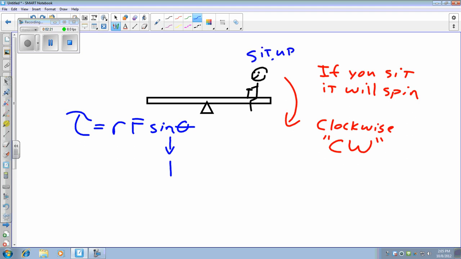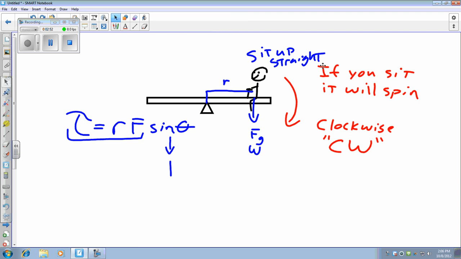Sit up straight, as your parents might tell you to do. And so the torque here is equal to the distance from the fulcrum and your weight. Whether you call it Fg or W doesn't matter. It's your weight times the distance away from the fulcrum. That is the torque that you apply to this teeter-totter.